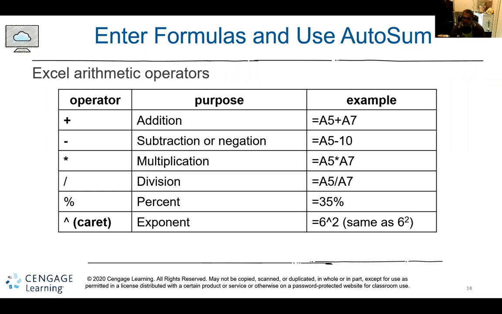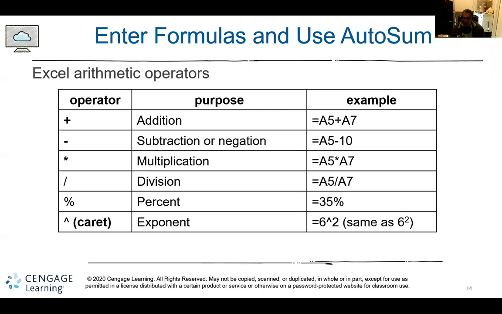You have your A5 plus A7. Now, if you notice, they use the names of the cells instead of the actual values that sit in it. This is good practice. You shouldn't use hard-coded numbers like the A5 minus 10 unless you necessarily have to.